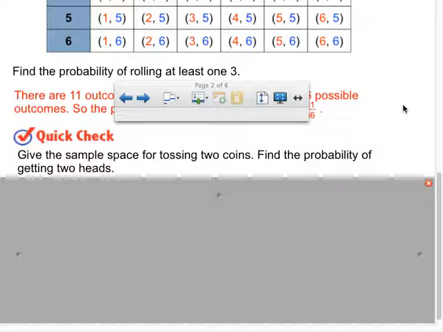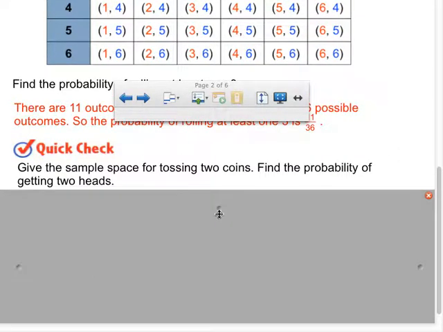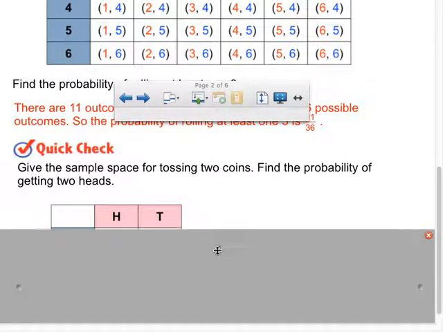Let me go back to what I was talking about earlier. So how many different ways can the first coin land? 2. How many different ways can the second coin land? 2. What's 2 times 2? 4. Now let me show you the sample space. One of my coins can land heads or tails, right?